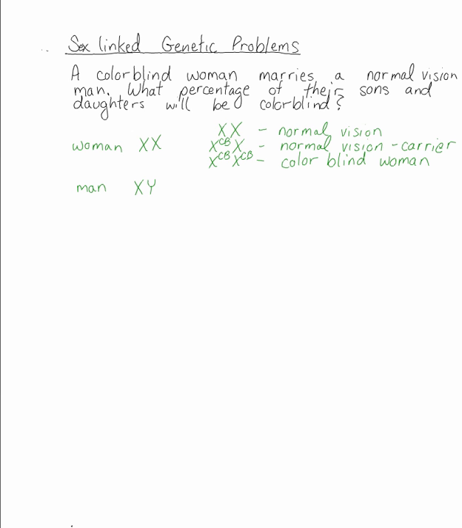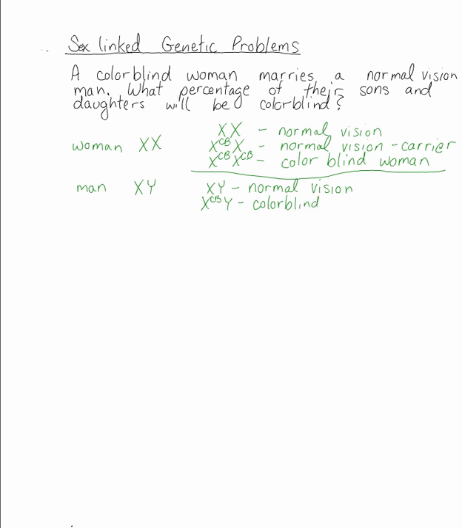Now let's look at the different choices we have if you're a male. Okay, if you have a normal X, this is going to be a normal vision male. Okay, or you can have the colorblind gene on the X, and this man is going to be colorblind.